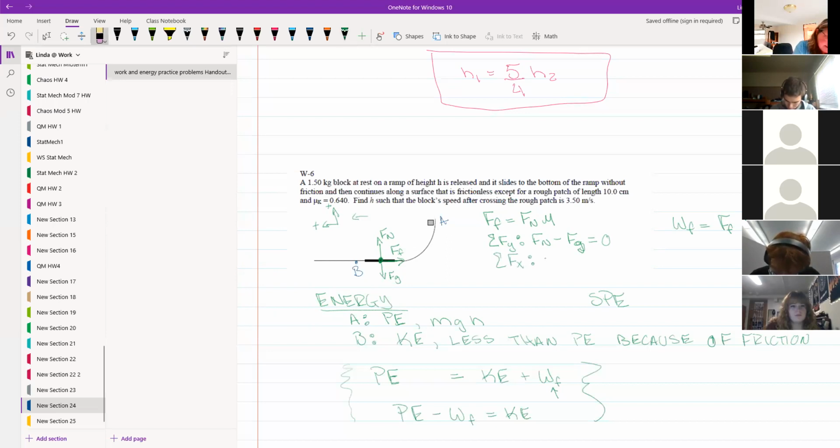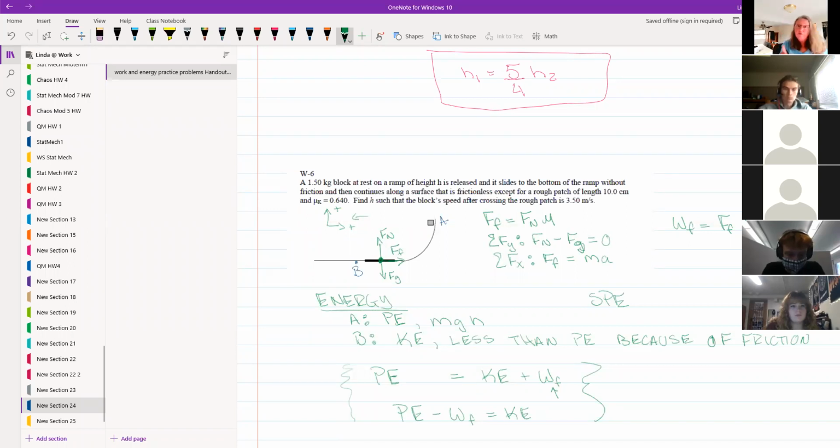And then my sum in the X, let's see, I only have the force of friction. Oh, you know what? I'm going to stay standard. I don't want to haul around all these negative signs. So force of friction points to the right. I have no other forces. So this thing must equal mass times acceleration. And my acceleration then is going to be in the direction of the force of friction. So both of them will have the same sign.